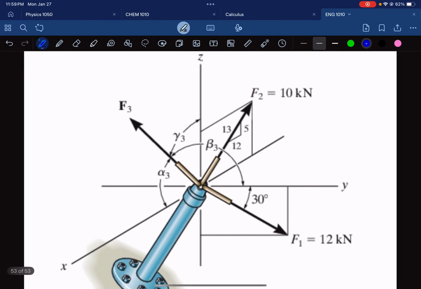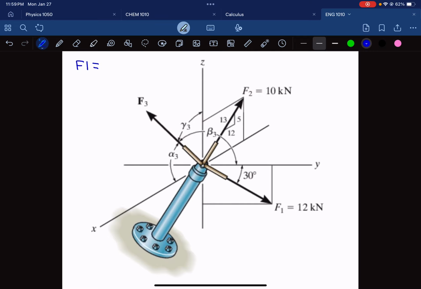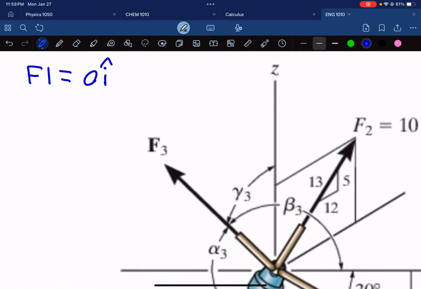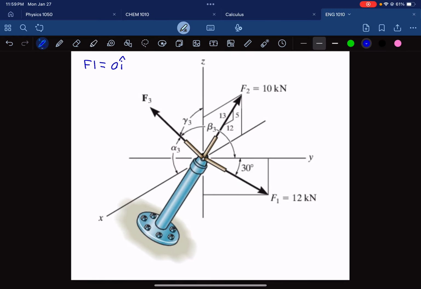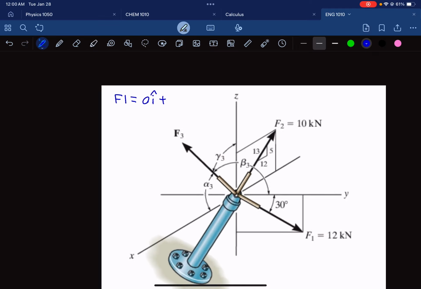Okay, so from here, let's start with F1. So we go F1 is going to be 0 in the x direction, so 0i. And then it will be a negative z and a positive y. So we're going to add our y.